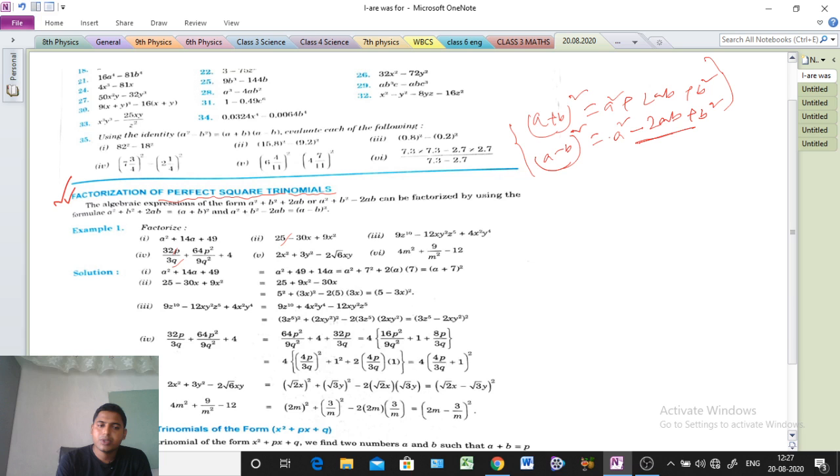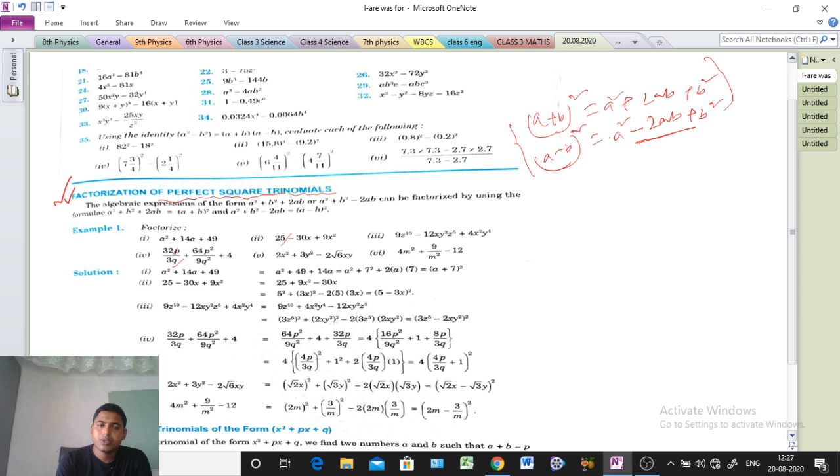Sometimes we use the a plus b whole square and a minus b whole square formulas, but basically we did that with the a square minus b square formula. Understood?